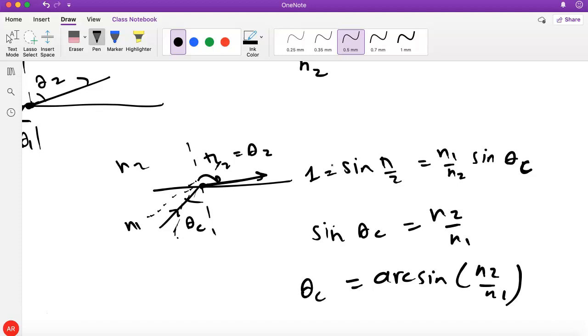So that's an important observation, right? Snell's law, we can write it, but it does not have a solution in certain scenarios.